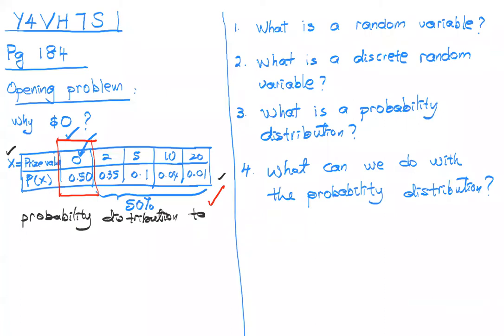This is in the form of a table, so we call this a probability distribution table. So after you have presented it, it becomes very clear cut.